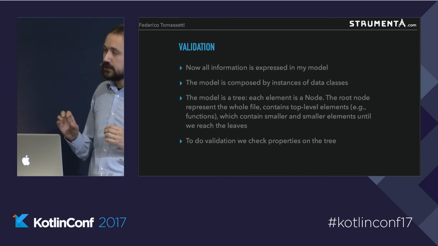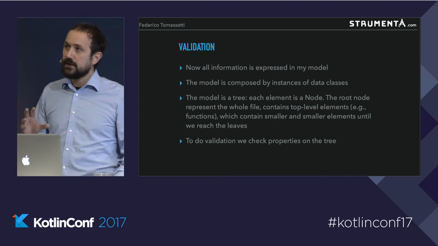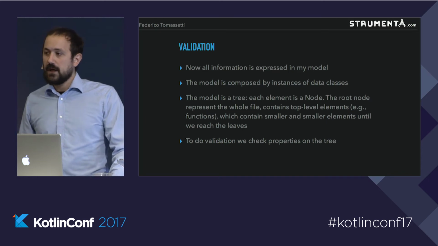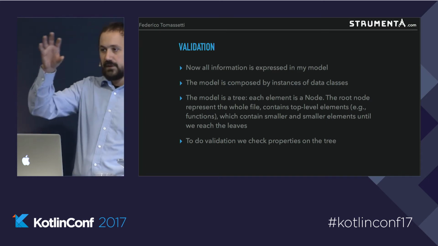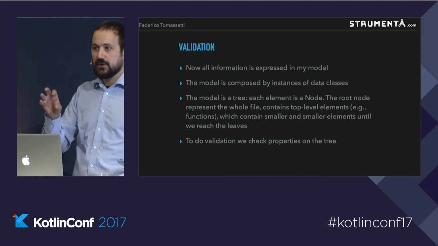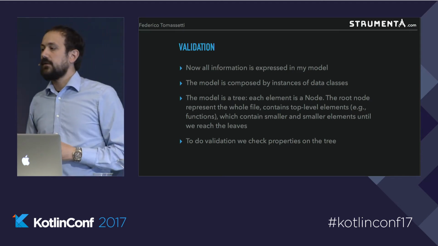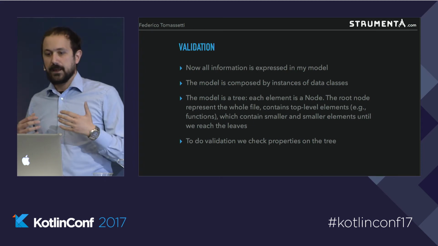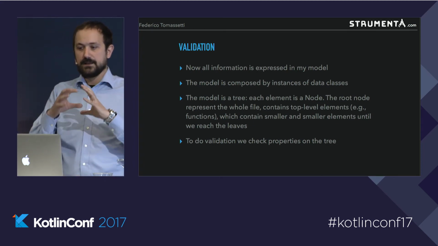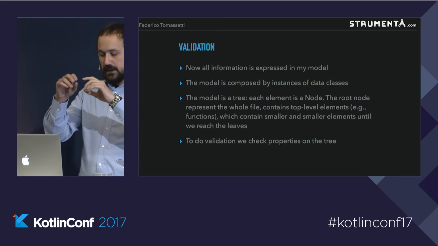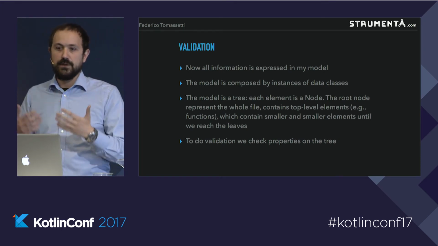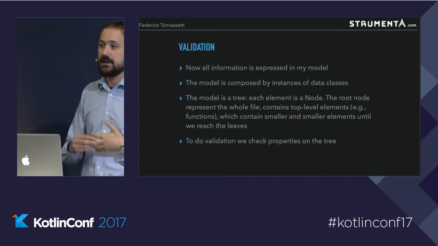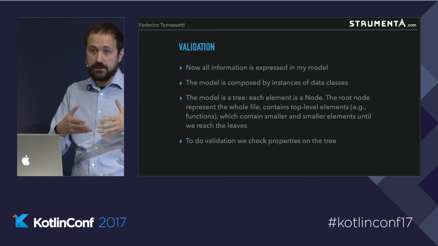And we also have to consider that the model is a tree. So we have one node that represents the entire file. And from this node, we can reach all the other smaller elements. For example, from the node representing the entire file, we can reach all the top-level statements. These top-level statements could be, for example, function declarations. Inside a function declaration, we have parameter declarations.